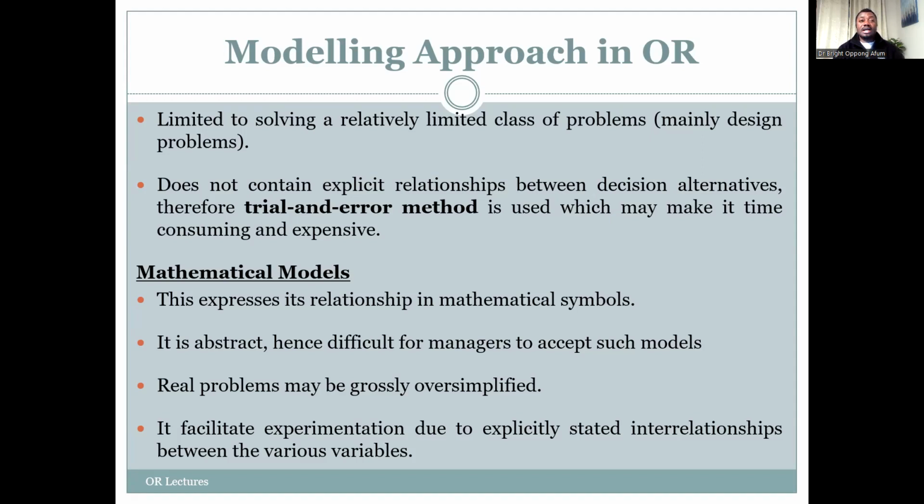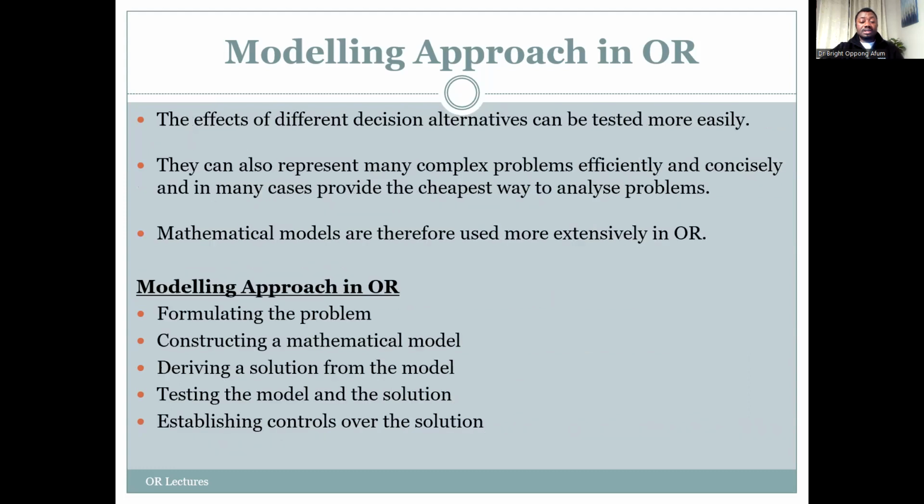You want to look at how pollutants in the water move from one place to another. Then you use mathematical symbols to represent them, and even their relations with the environment. So those are what we refer to as mathematical models. The effect of different decision alternatives can be tested.